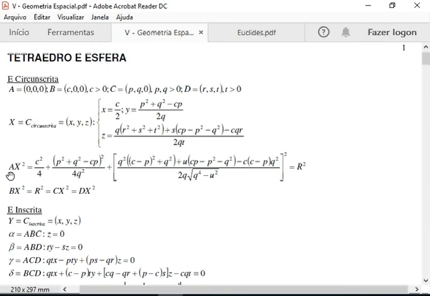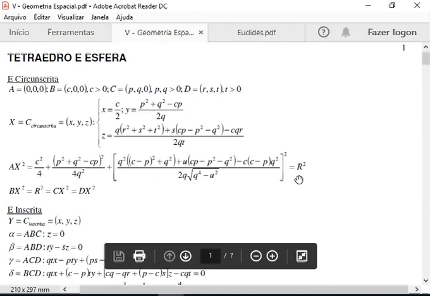The distance from A to X is c squared over 4 plus y squared plus z squared equals R squared. BX squared is equal to R squared is equal to CX squared is equal to DX squared.